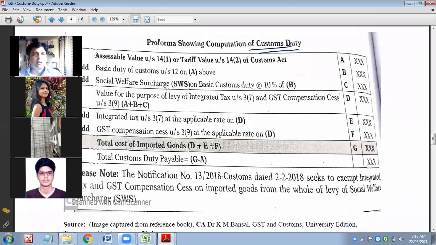Earlier it was known as education cess, which has been replaced by social welfare surcharge, and that was only 3%. Now it is 10% on basic custom duty.